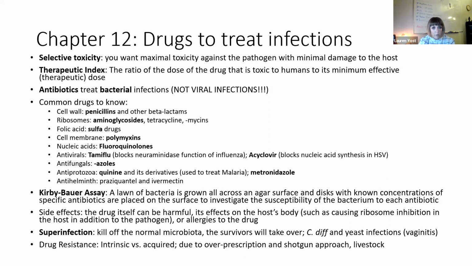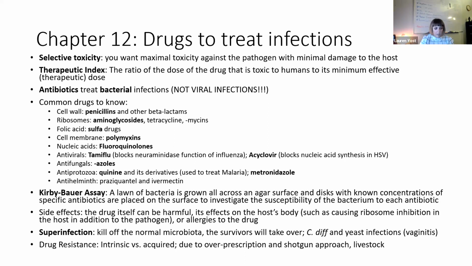So that has us include, and think about, the concept of therapeutic index. And what that means is the ratio of the amount of drug toxic to the person versus the minimum effective dose, or therapeutic dose, same thing.